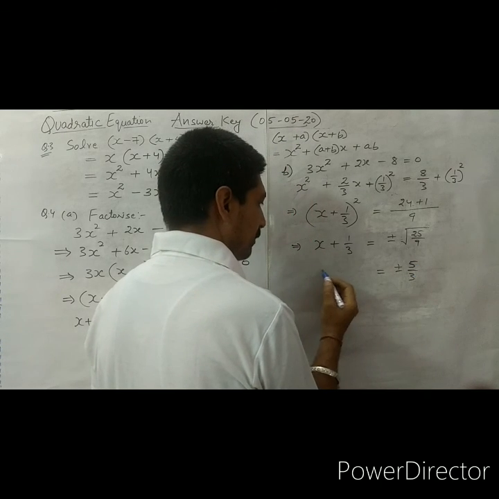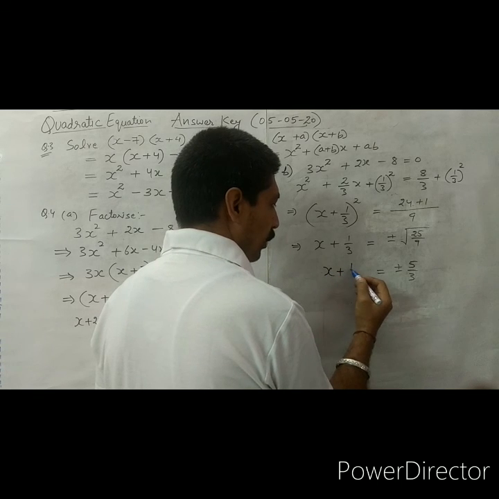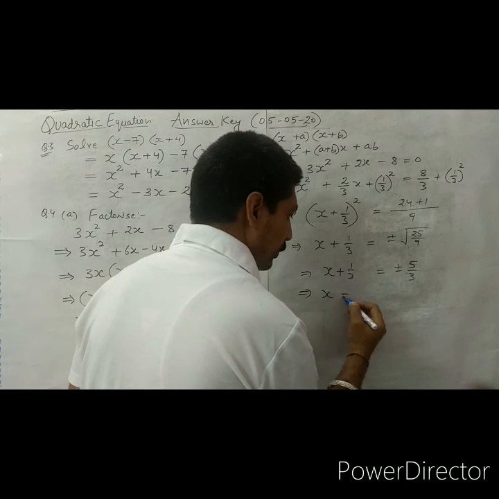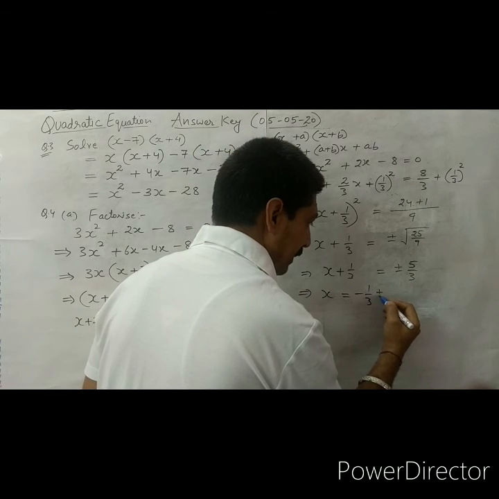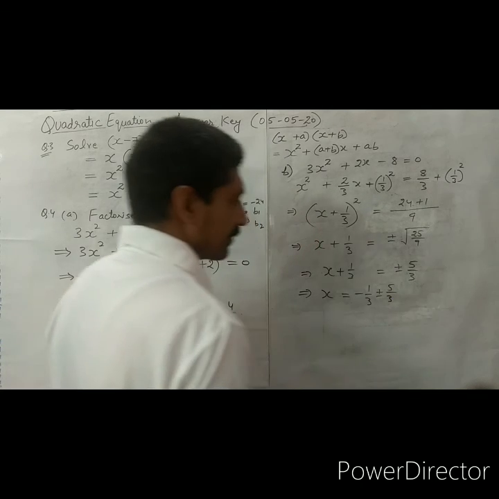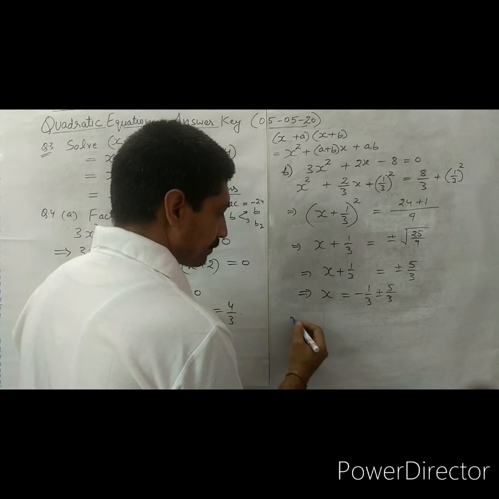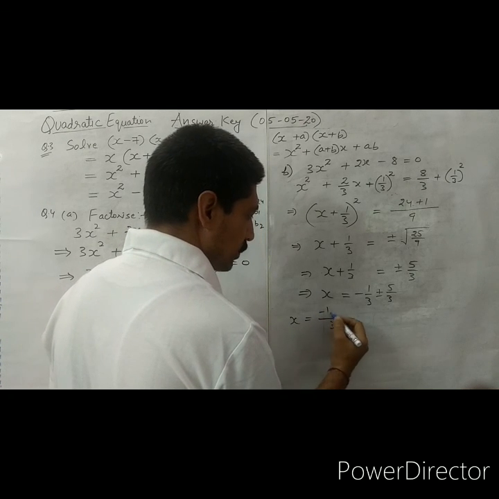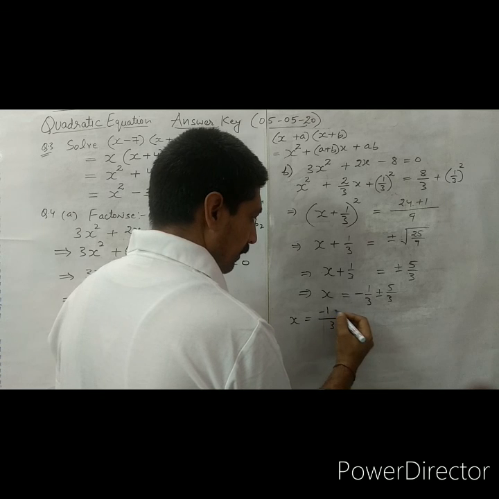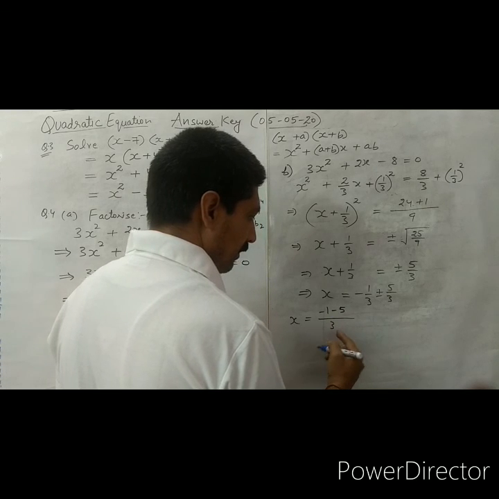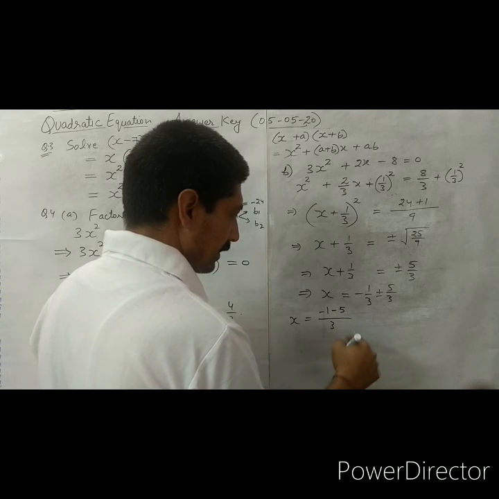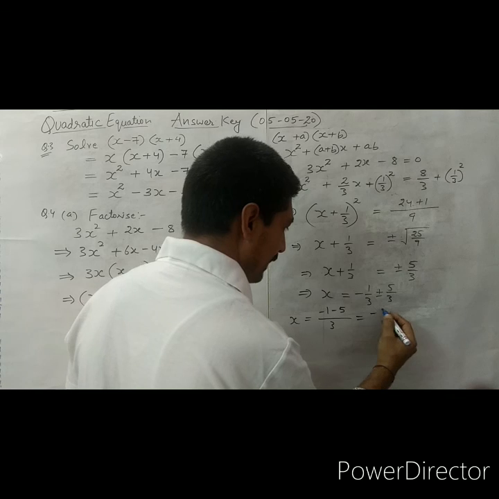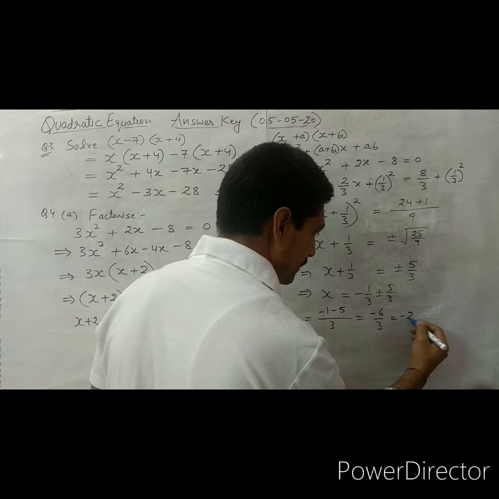So x plus 1 by 3 further implies that x is equal to minus 1 by 3 plus minus 5 by 3. When we go for the LCM, x is equal to minus 1 minus 5 upon 3, so the value of x is minus 6 upon 3, which is equal to minus 2.